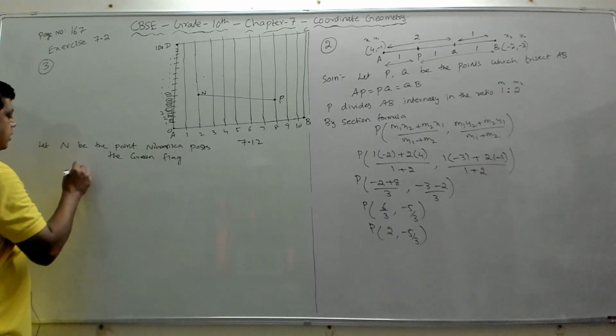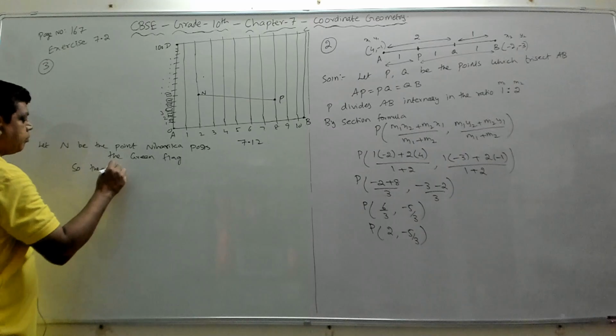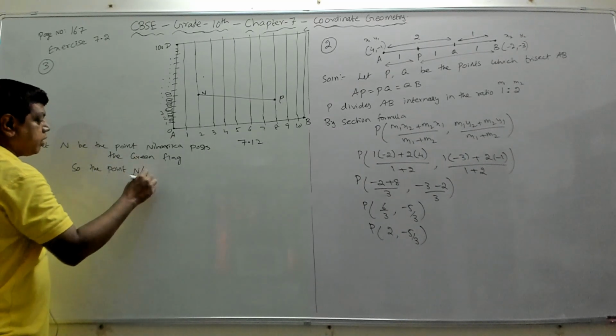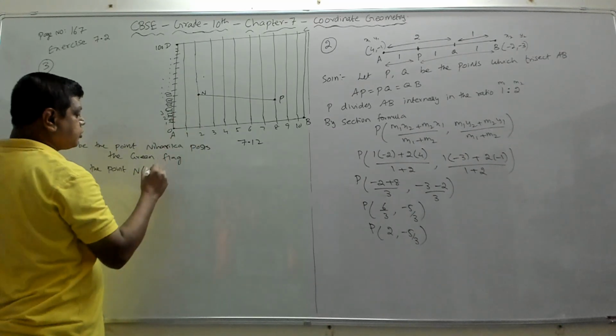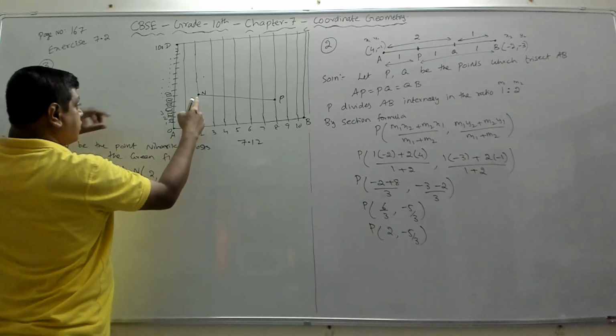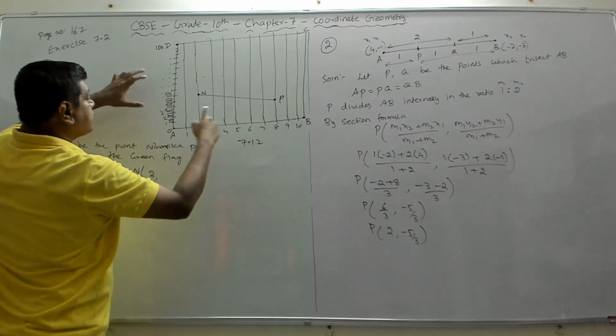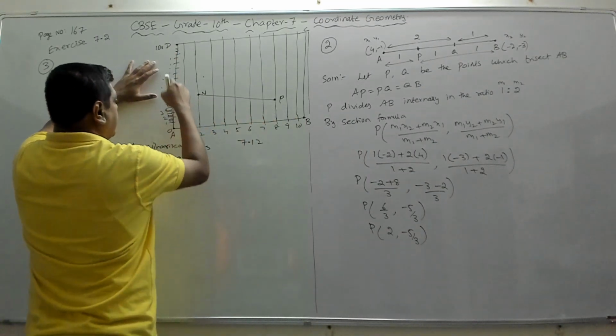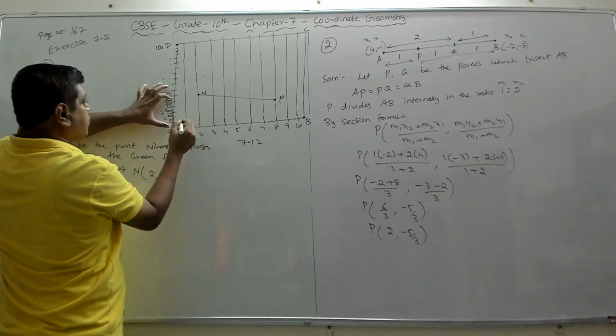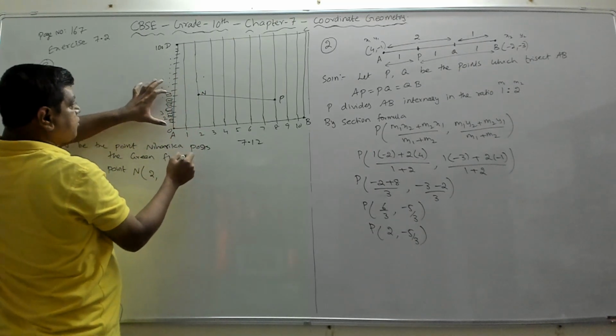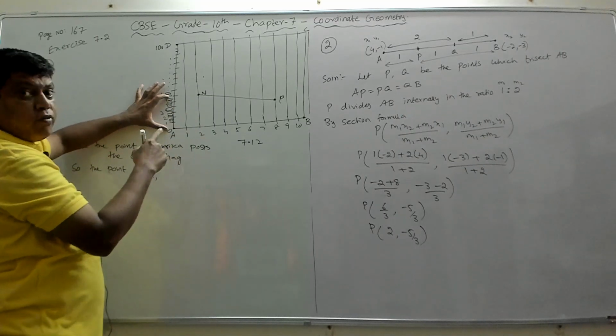So the point N is on the second lane. It is 2 comma this distance. If you think of this as a graph sheet, the x-axis, y-axis. So this distance is, how much does she run?